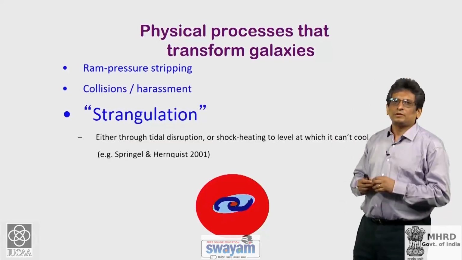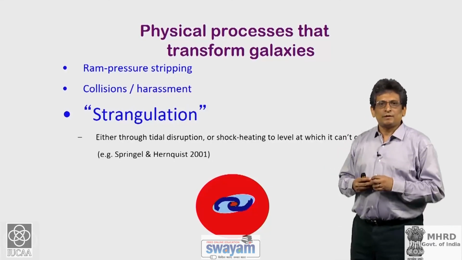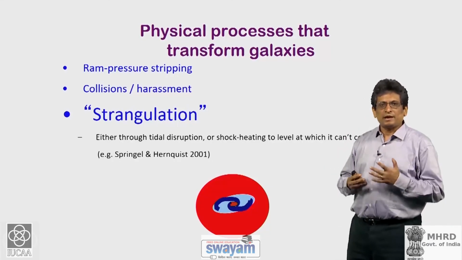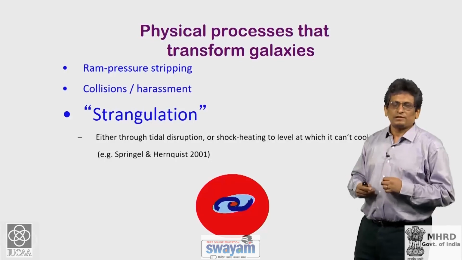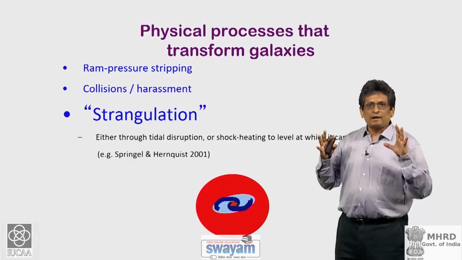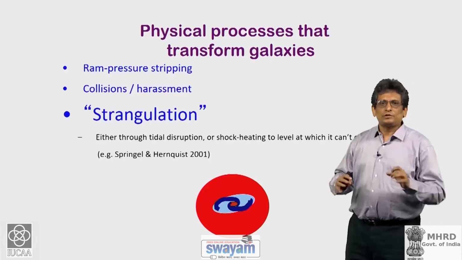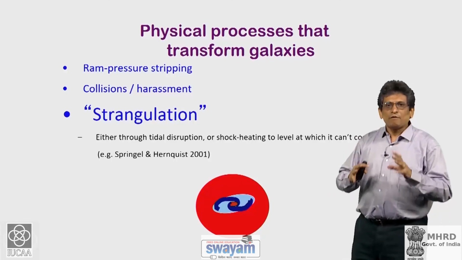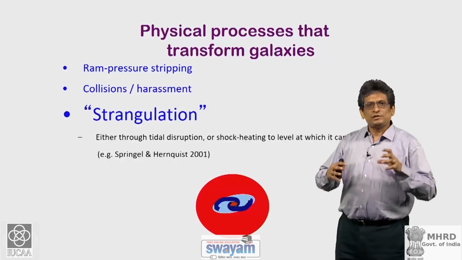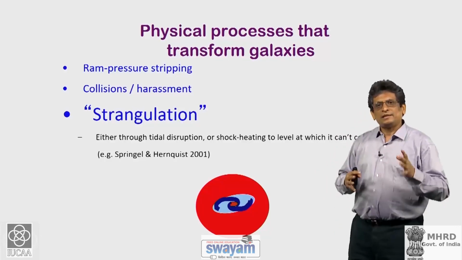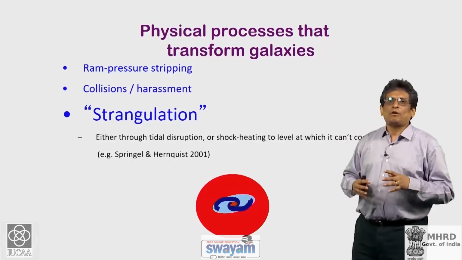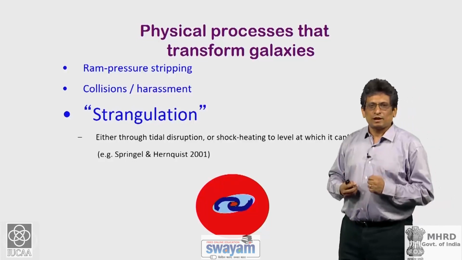And the third one also is a term that sounds very anthropomorphic, and that is strangulation, which means that galaxies in general, the galaxies in a group or a cluster, can cause the star formation in a galaxy to be strangulated, in this particular case by getting rid of, again, the source of the star formation.